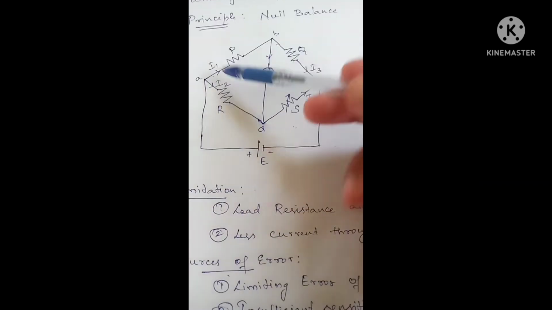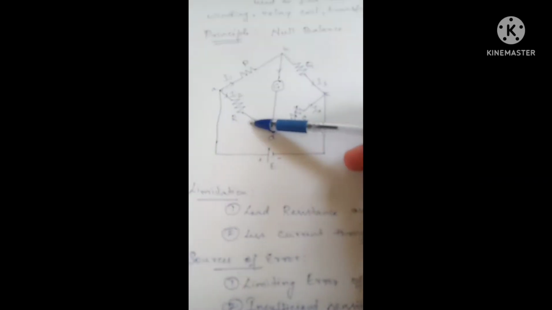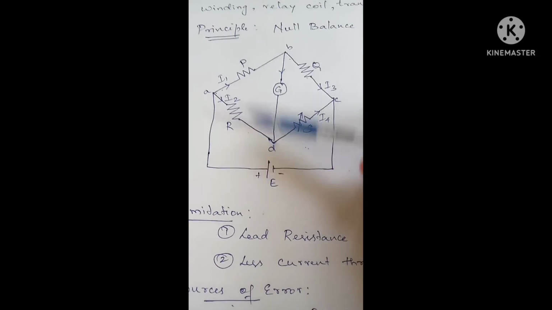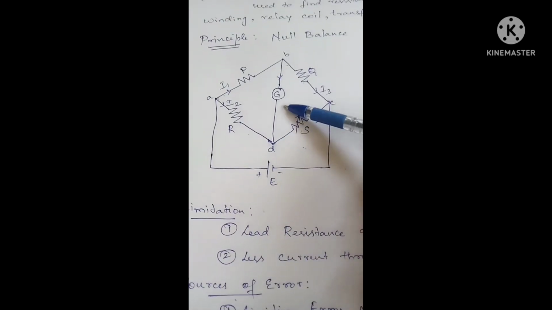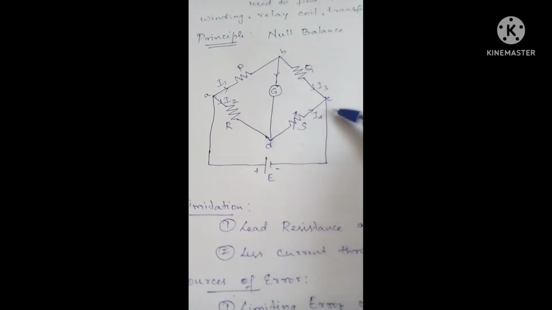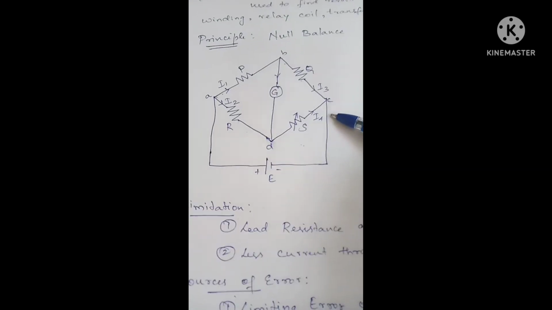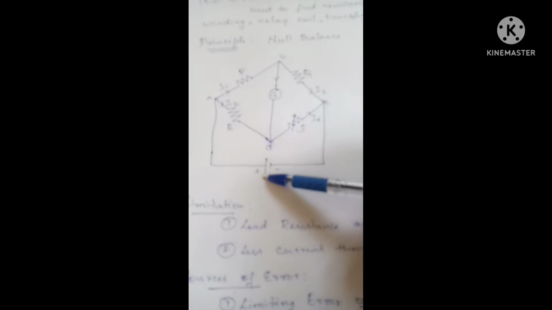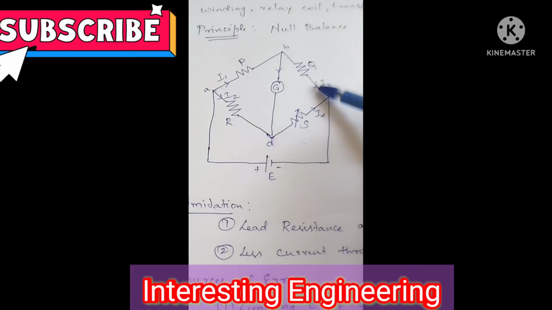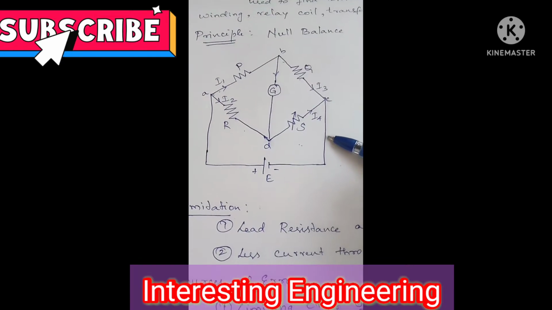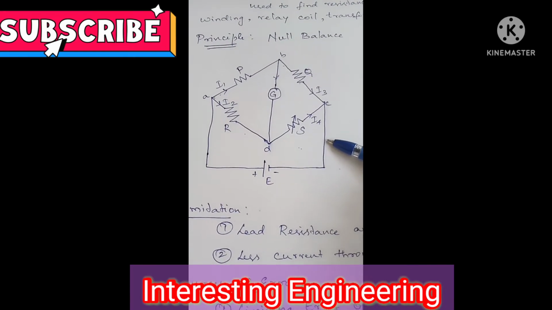In the variable resistance arm there flows current I2, which enters the galvanometer branch as well as the standard resistance branch. So due to the voltage source, current flows through each arm of the Wheatstone bridge.